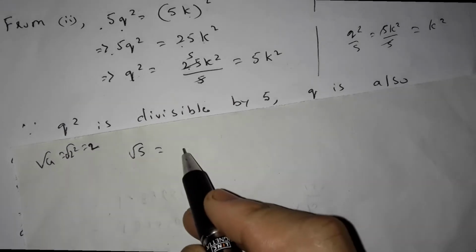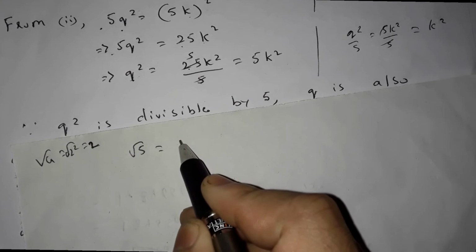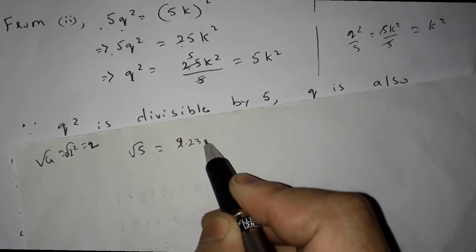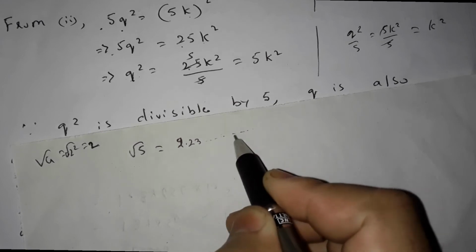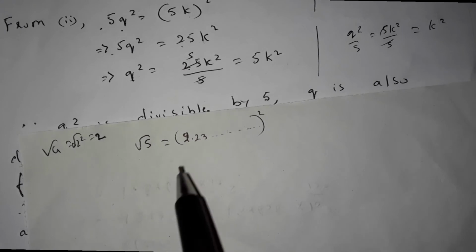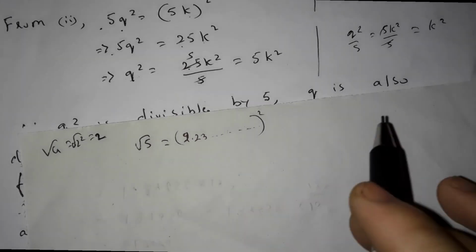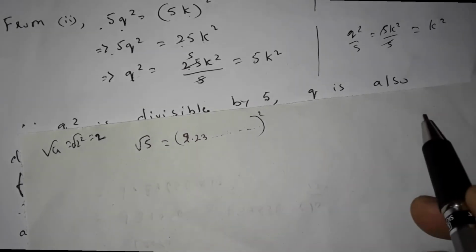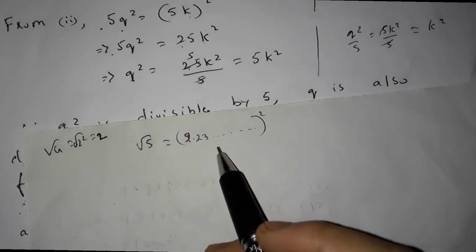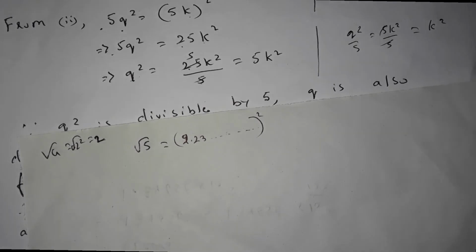Root 5 will be 2.23 something, non-terminating. The decimal will be non-terminating and non-repeating.